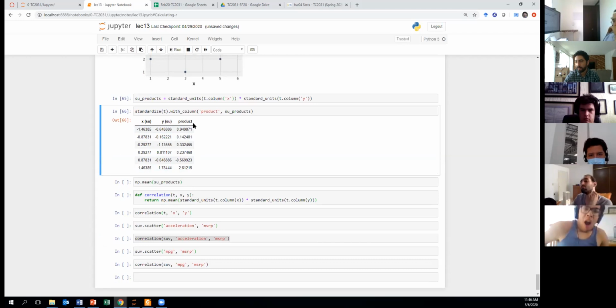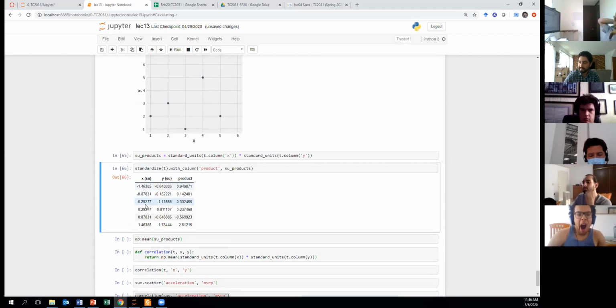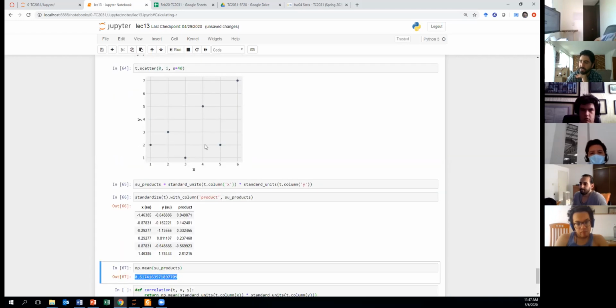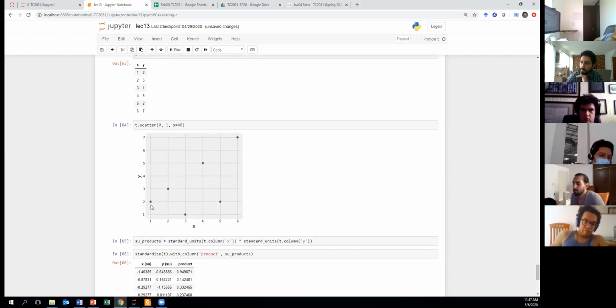So that's the equation, right? Get x in standard units, y in standard units, multiply them, get the product, and then calculate the mean of them, the average of these numbers. This is the R value that I get for this distribution. As you expected, it's positive, so it's an upward correlation between x and y.